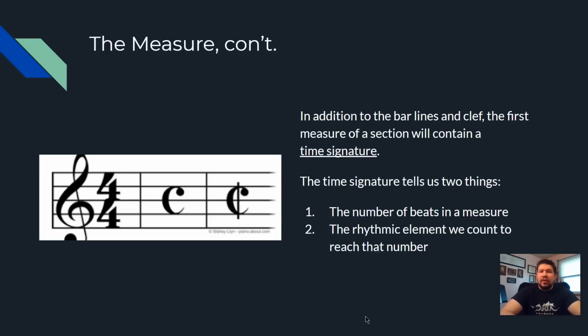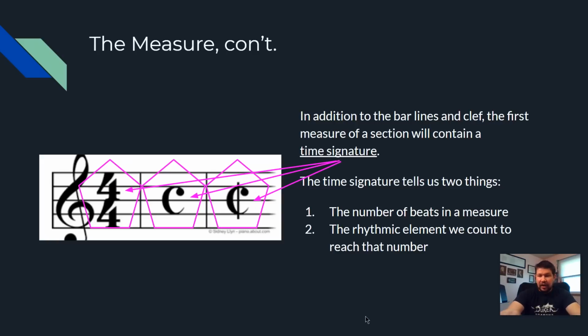So in addition to the bar lines and clef, the first measure of each section is going to contain something called a time signature. And time signatures are outlined in purple right there. The time signature is going to tell us two very important things. The first is the most important thing that the time signature tells us, and that is the number of beats that are in a measure.